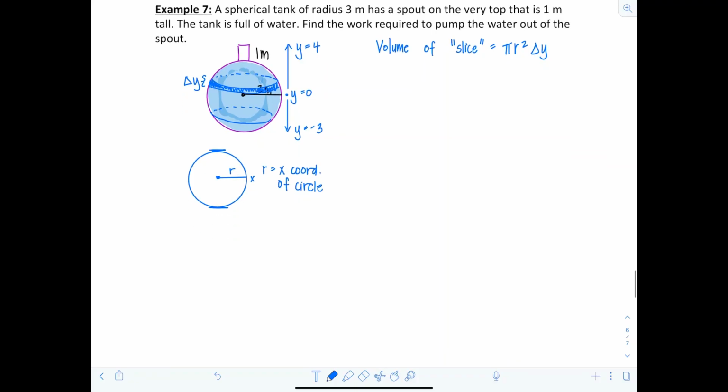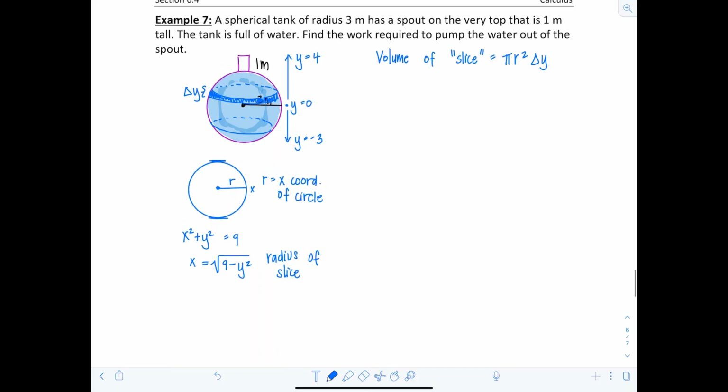Since it's in the tank. So we have that x squared plus y squared is equal to 9. So x, which equals the square root of 9 minus y squared, that's going to be the radius of the slice.